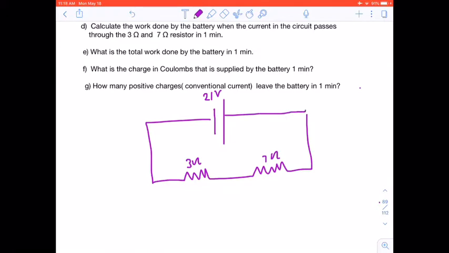And then we can have a voltmeter here across that resistor, and we can have a voltmeter here across that resistor, right?